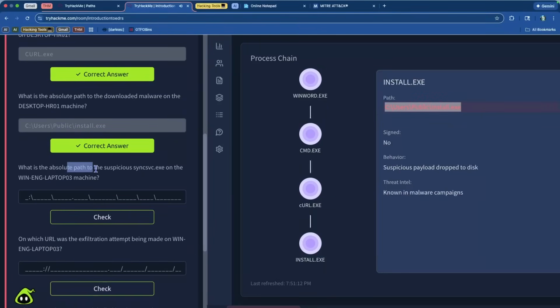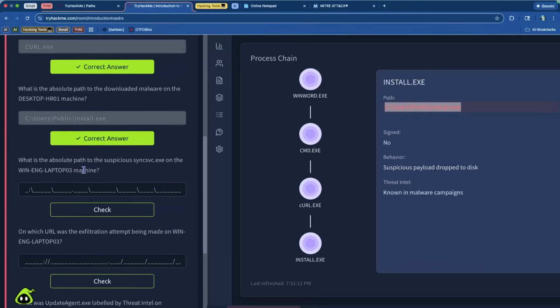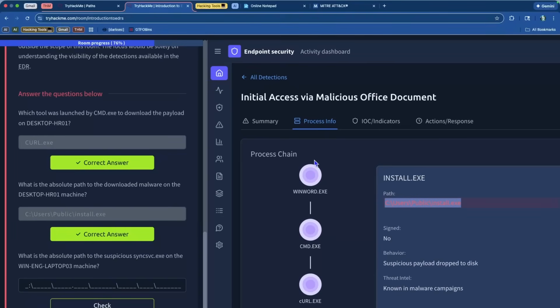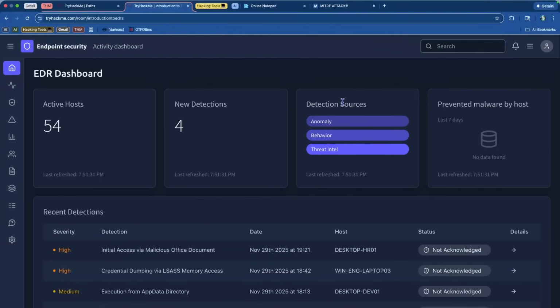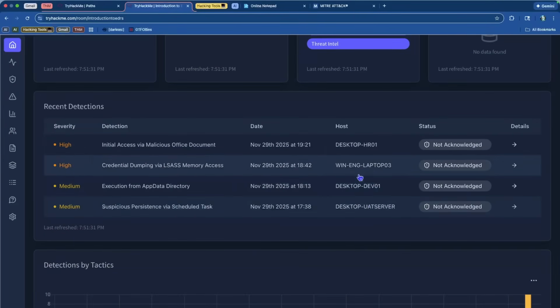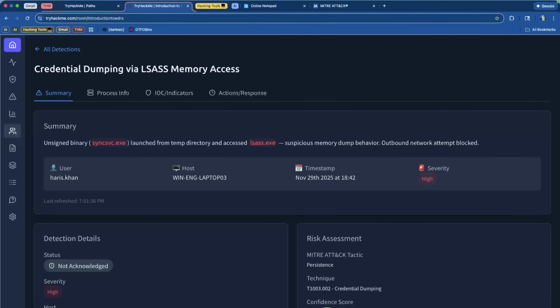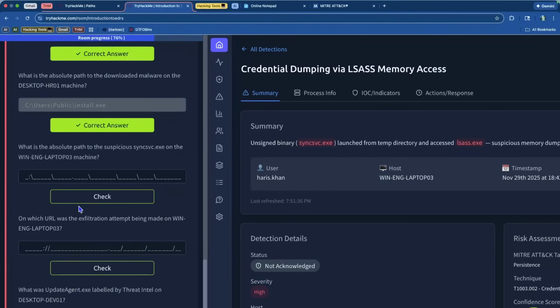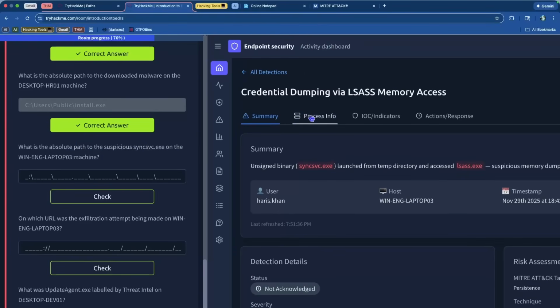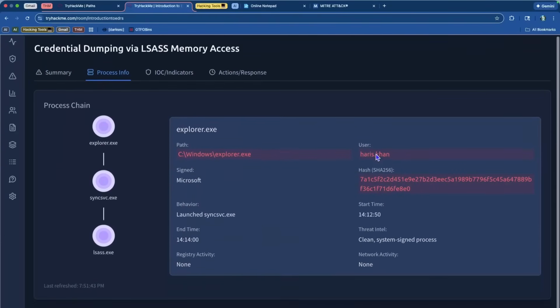Excellent. Okay, what's the absolute path to the suspicious sync SVC.exe on laptop 3? So let's go back to all detections here, and let's look at laptop 3. The question is asking us for the absolute path to the suspicious sync SVC. If we go to process info, we'll be able to do that.